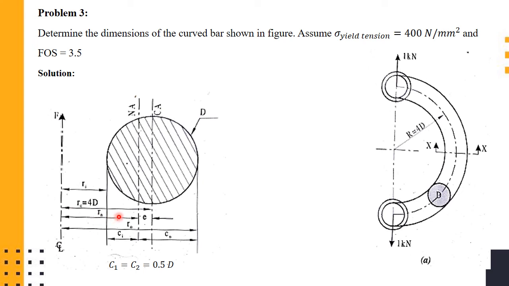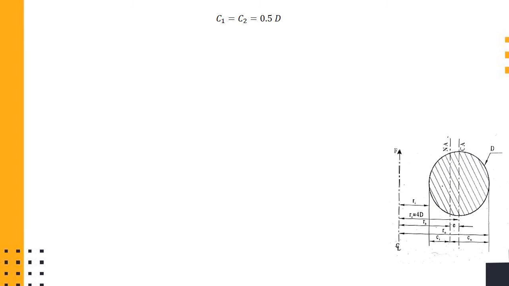So Rn we have to calculate. This is the critical cross section. So next we'll calculate one by one. There again I have drawn the critical cross section here, and C1 and C2 values for further reference. So first we'll calculate the radius of the centroidal axis.